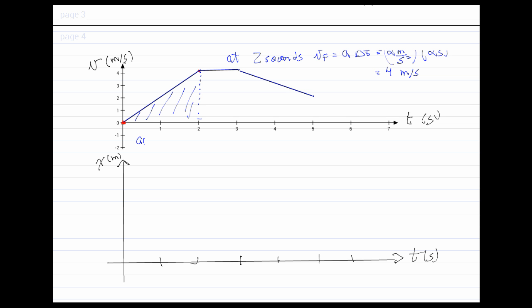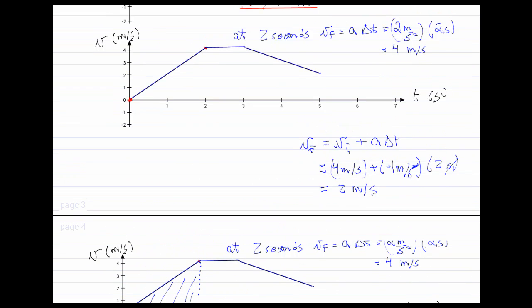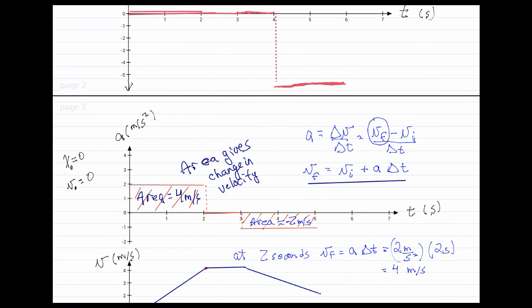So the area is equal to 1/2 times the height, the change in height. Now the height is 4 meters per second, and the time is 2 seconds. So the area in this case is 4 meters. So the change in position is 4 meters, and we were told back here that we're starting at the origin.